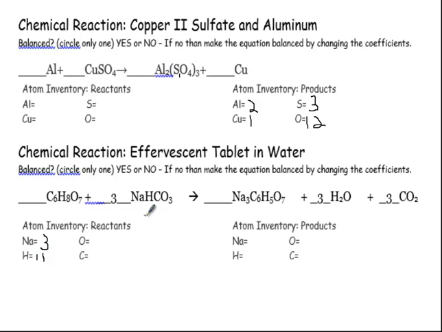The number of O's, 3 times 3 is 9 O's, plus the 7 O's that are here, 16 O's. And 3 times the carbon gives you 3 carbons, plus the 6 carbons here, 9 carbons. Is this a balanced chemical equation? You need to figure out the atom inventory for the products to be able to do so.